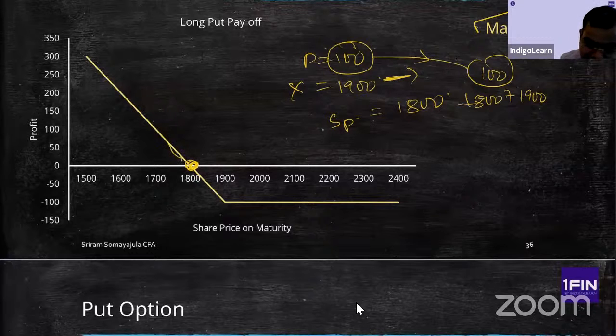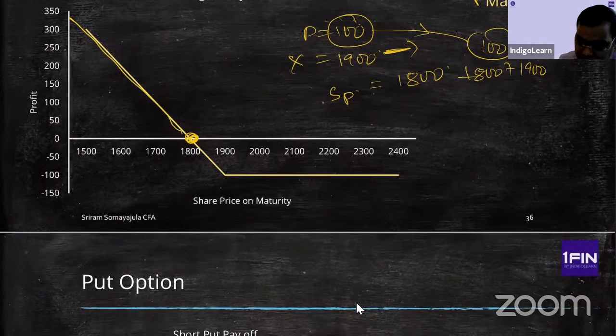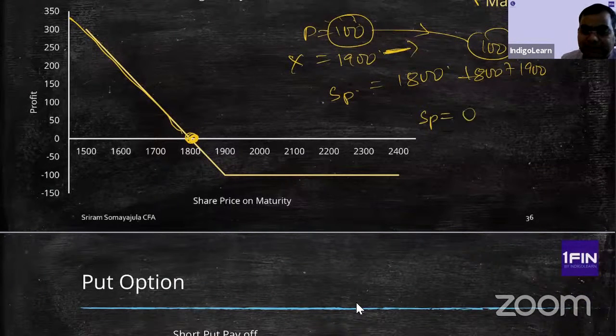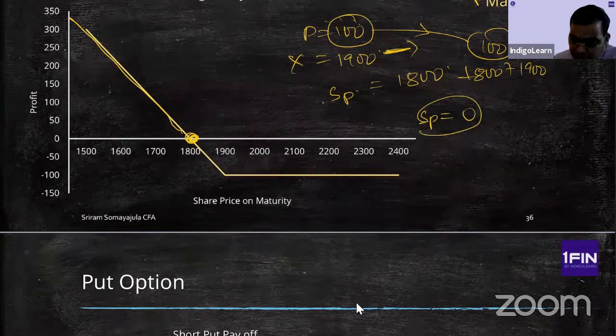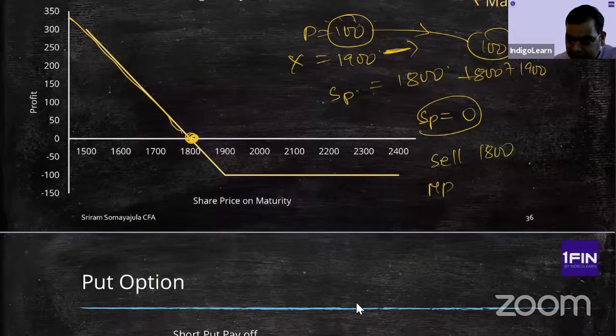But as the market price keeps falling, your profit keeps increasing. How is that? Let us say the current spot is 0. Let us take extreme examples. If your current spot is 0, you have a right to sell at 1800, but the market price is 0. So you can buy from the market at 0 and sell at 1800.